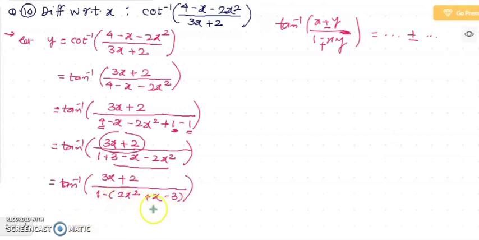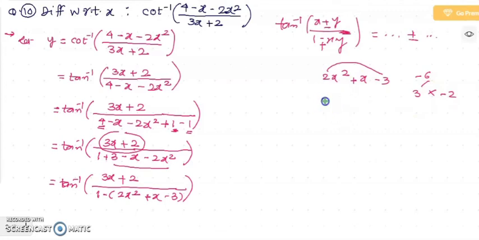Now look at this expression and try to factorize this. If you factorize this, what will you get? 2x square plus x minus 3. How do you factorize this? This can be factorized by taking a product 3 into 2, minus 6 here, which is written as 3 into minus 2, so that the product is minus 6 and the sum we wanted is plus 1.